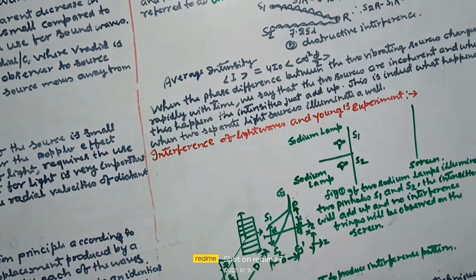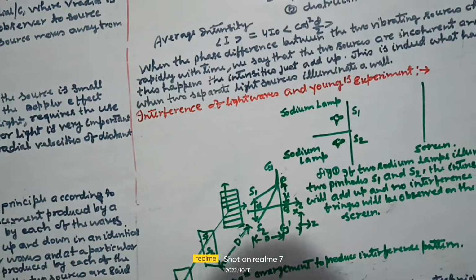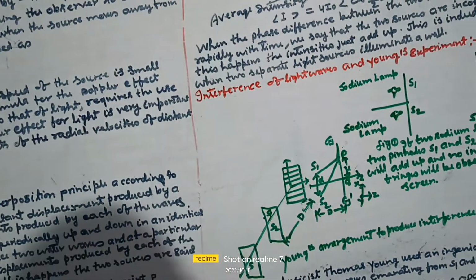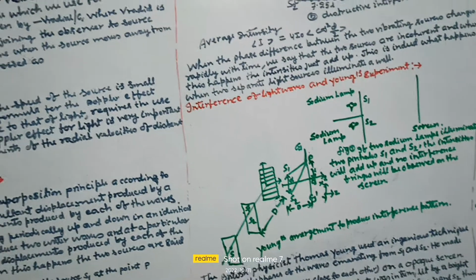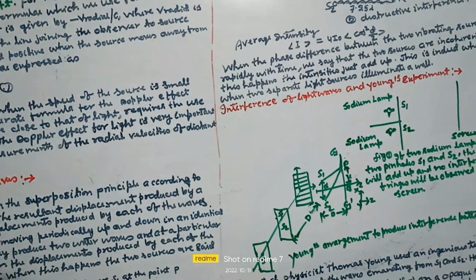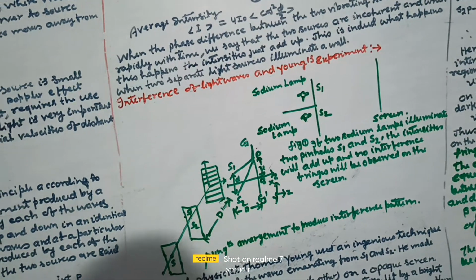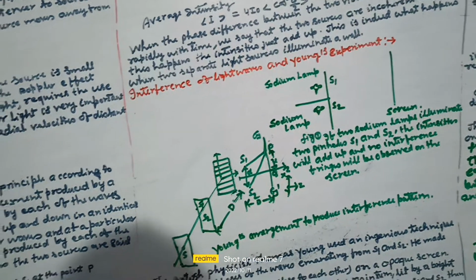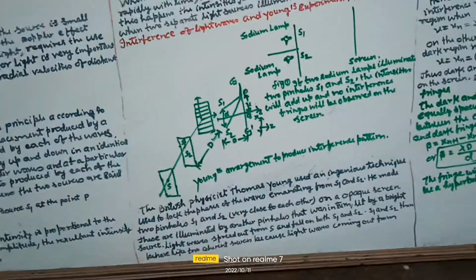Interference of light waves and Young's experiment is shown in the figure. The two-slit experiment it is called. The British physicist Thomas Young used an ingenious technique to lock the phases of the waves emanating from S1 and S2.